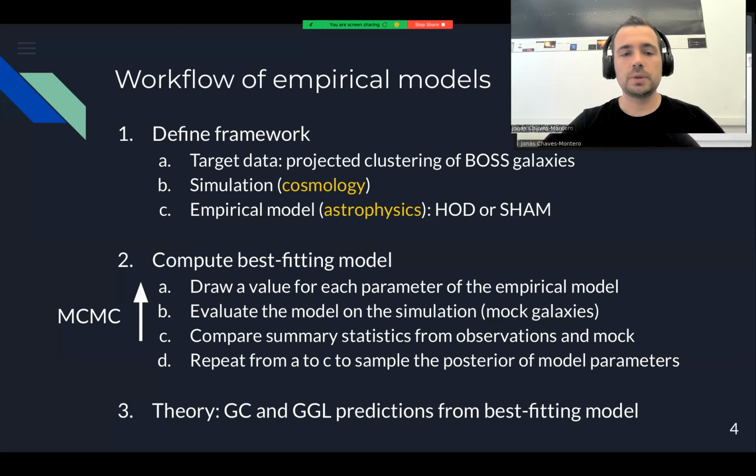So you repeat this process again and again within an MCMC framework and set constraints on the parameters of the model. Finally, for the best fitting parameters of the model, you populate the simulation again and predict galaxy clustering and galaxy-galaxy lensing. And this is your prediction.